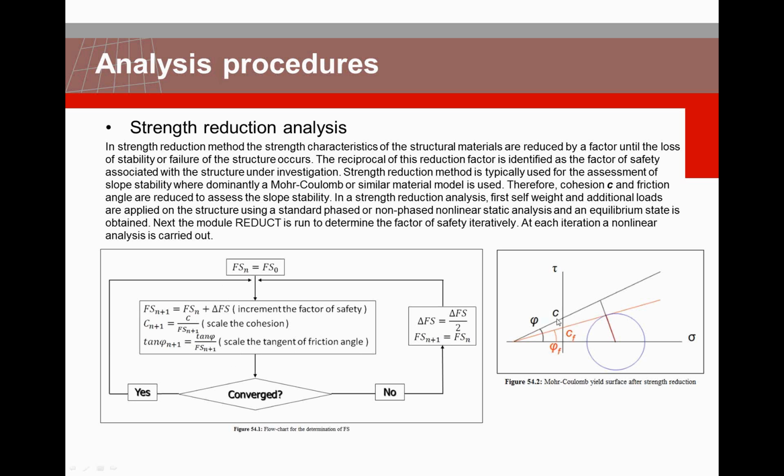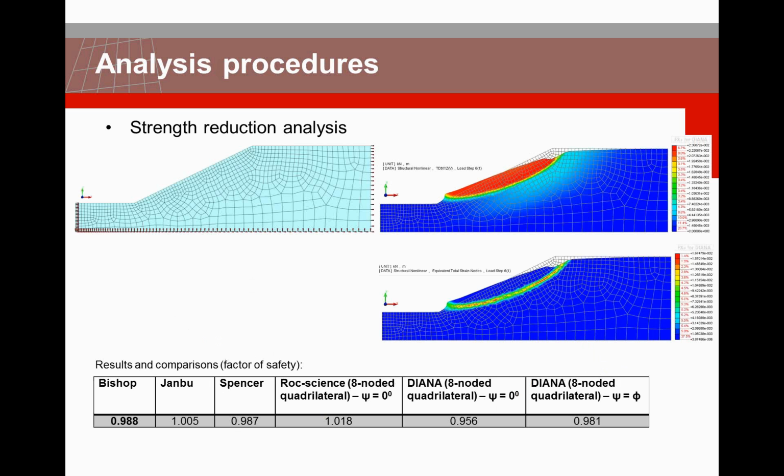So we reduce the failure criterion, as you see here, indicated originally by the black line, until it reaches the critical stresses in the model and failure occurs. So let's look at some example of this. These are some benchmark tests.